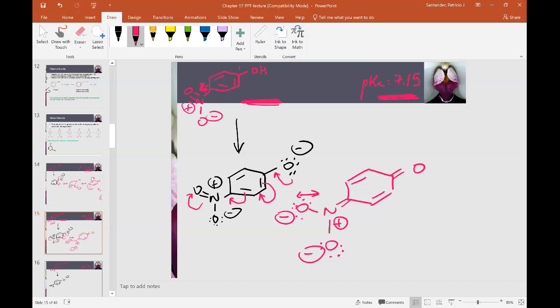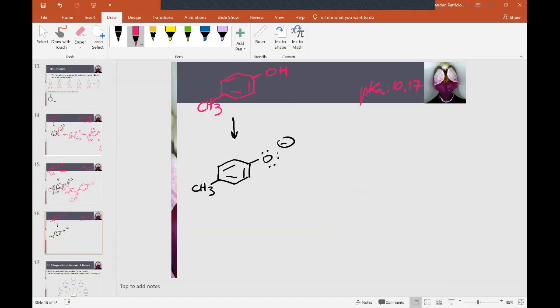And then finally, how about if we have a methyl group in position para? So 1, 4. And so in position 4, we have a methyl group. Well, you may recall from chapter 6, chapter 7, we said that the alkyl groups are electron donors.